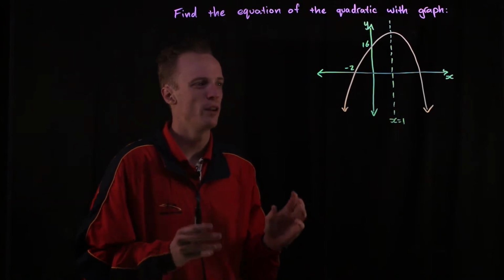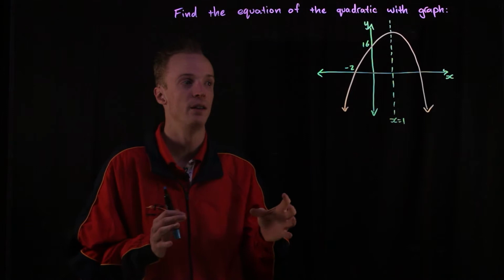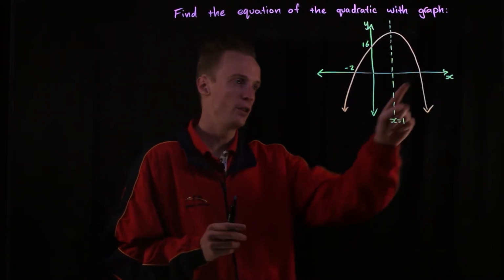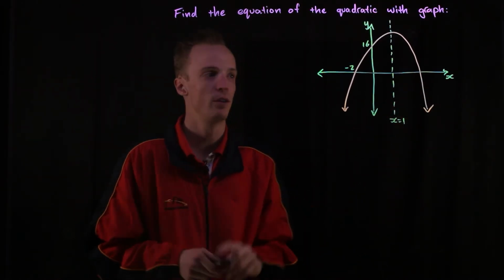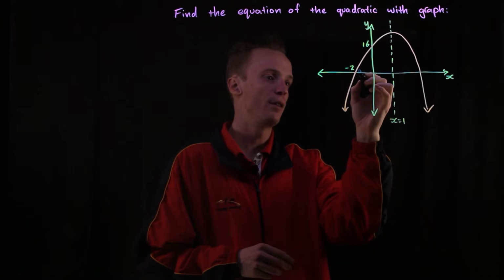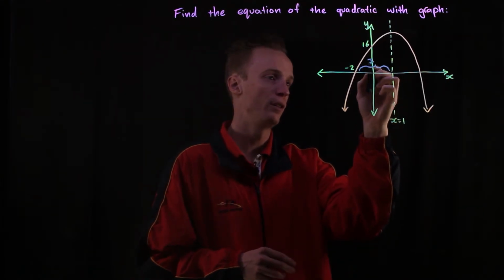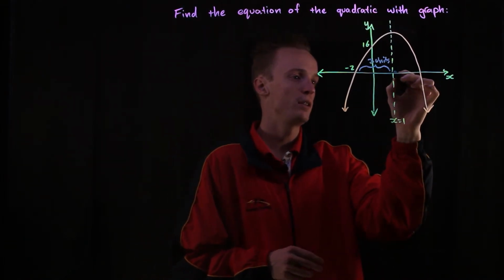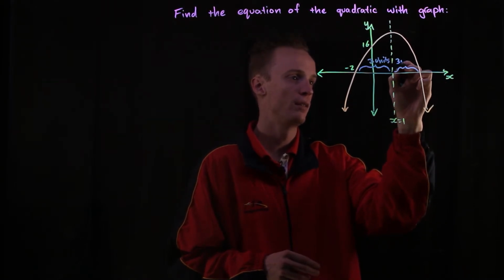Now in this question, I can still use the two roots to find the equation of this quadratic, except I've got one extra step. I've got to determine what this root here actually is. Now use the axis of symmetry to determine that. Because I know that there is a total of 3 units to get to the axis of symmetry here, there needs to be a total of 3 units just in here.